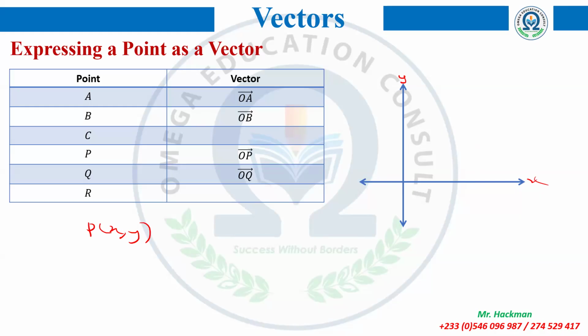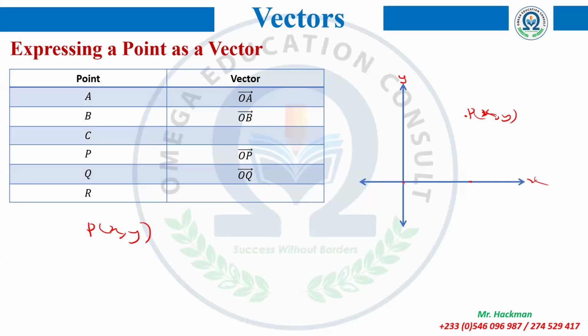So I will move from a point and end at a point. I start from the origin and move x units on the x axis. Then I move y units on the y axis. So this is where the point P, x, y is.